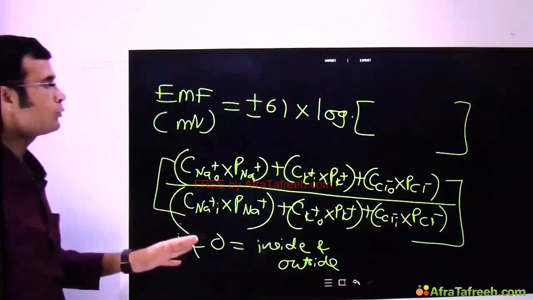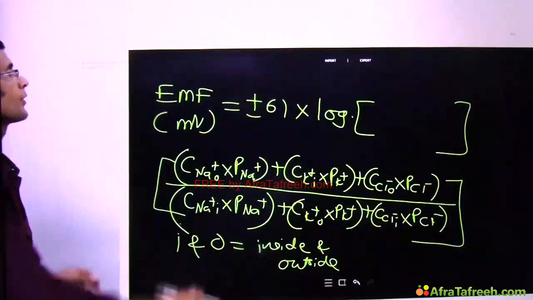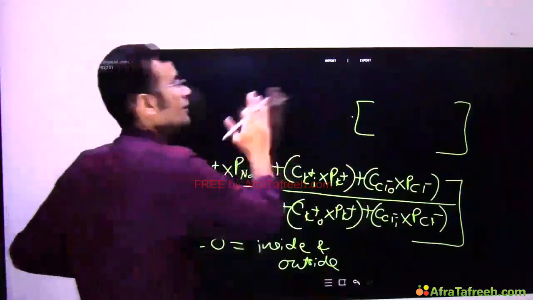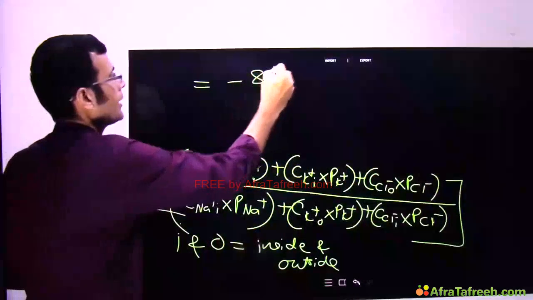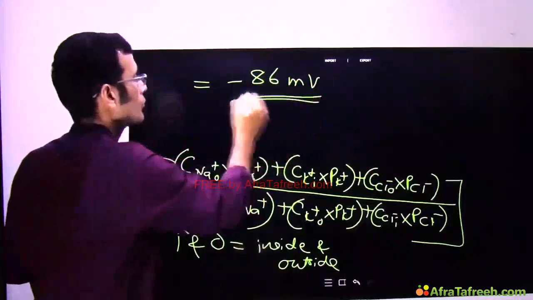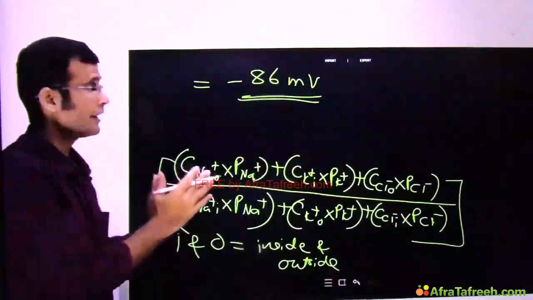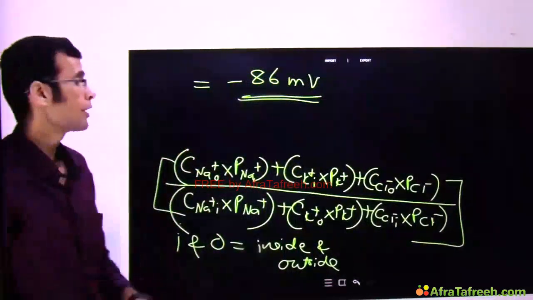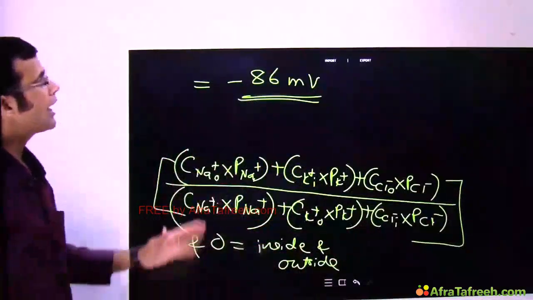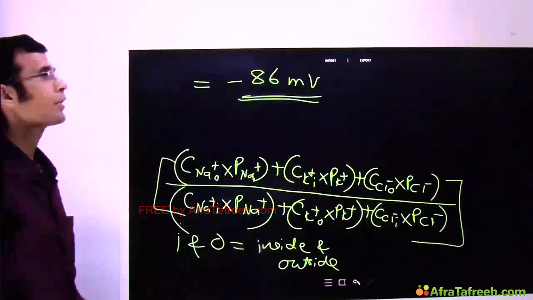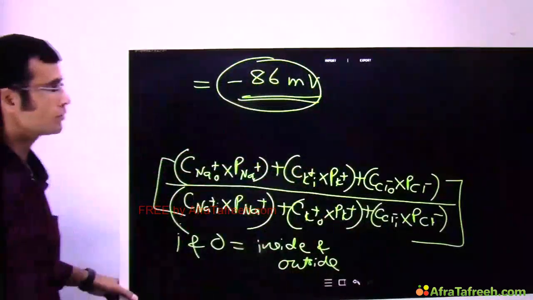We'll put the values of these concentrations and membrane permeabilities in the equation, and the value that comes out is minus 86 millivolts. So now the next thing that needs to be understood is that when all three ions reach equilibrium, at that time the charge on the membrane will be minus 86 millivolts.